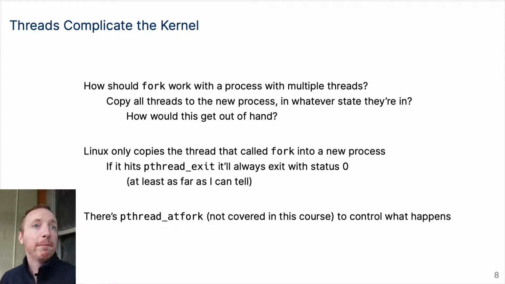But if you had, say, 10 threads in one process, and the process was just a loop with a fork in it, wouldn't all 10 threads eventually get to that fork line?